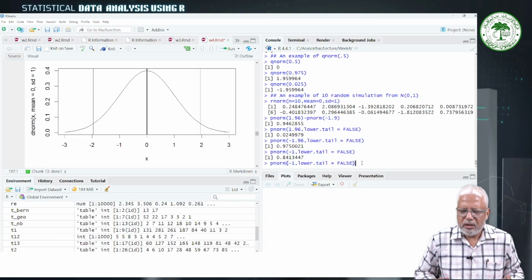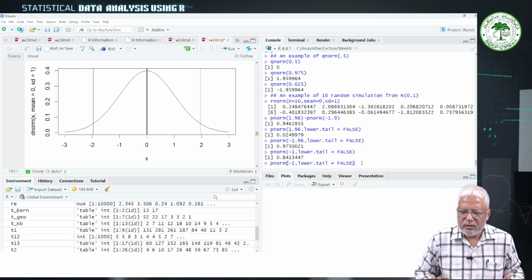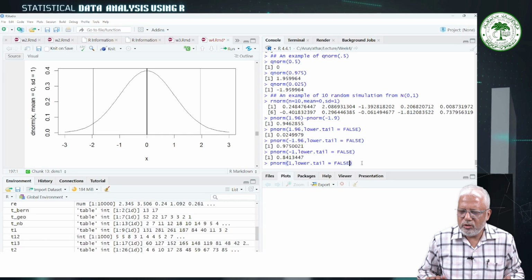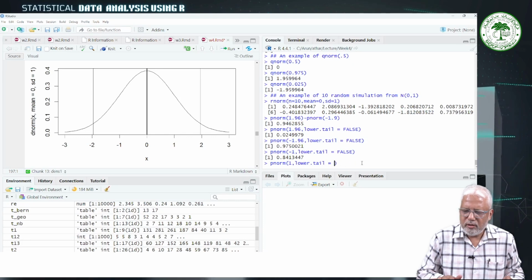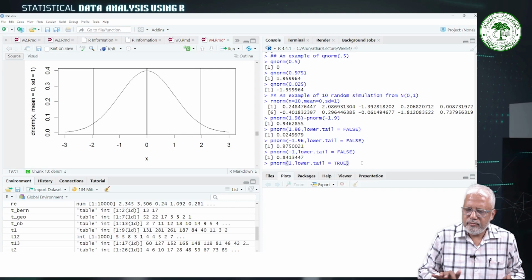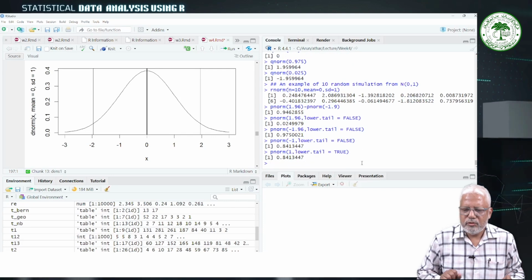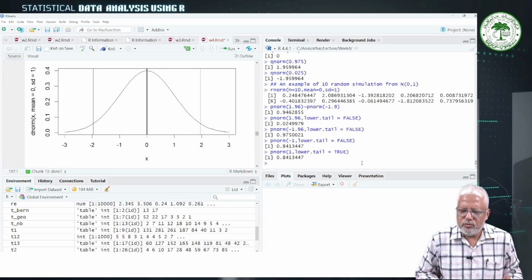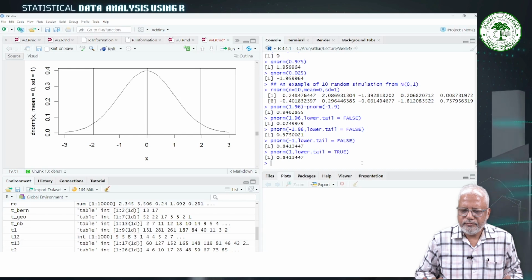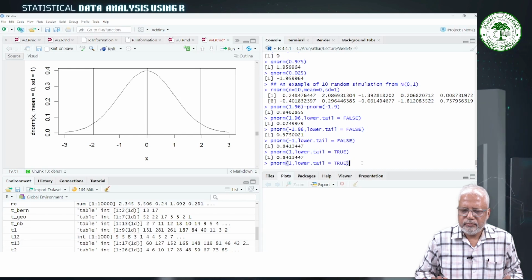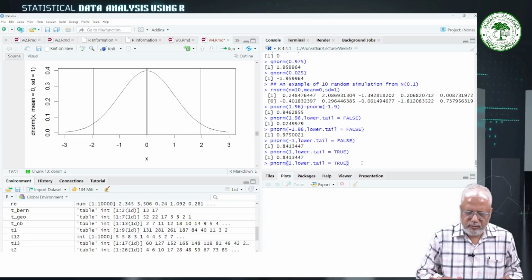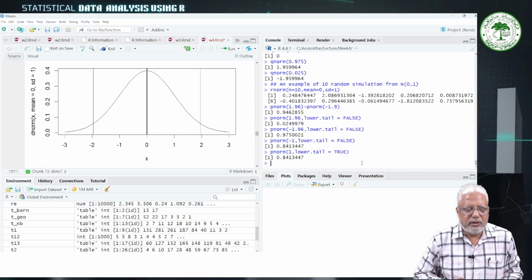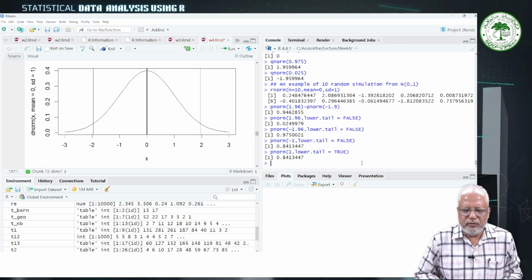And this way, if we write lower.tail is equal to TRUE, here it is 84%. So this way we will talk further about this normal distribution in our next lecture.